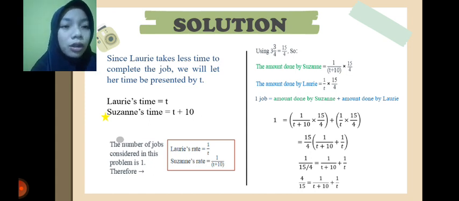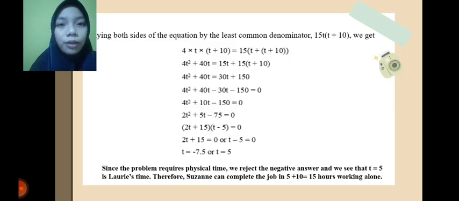So 4/15 equals 1/(t + 10) plus 1/t. We multiply both sides of the equation by the least common denominator, 15t times (t + 10). We get 4 times t times (t + 10) equals 15 times (t + 10) plus 15t.